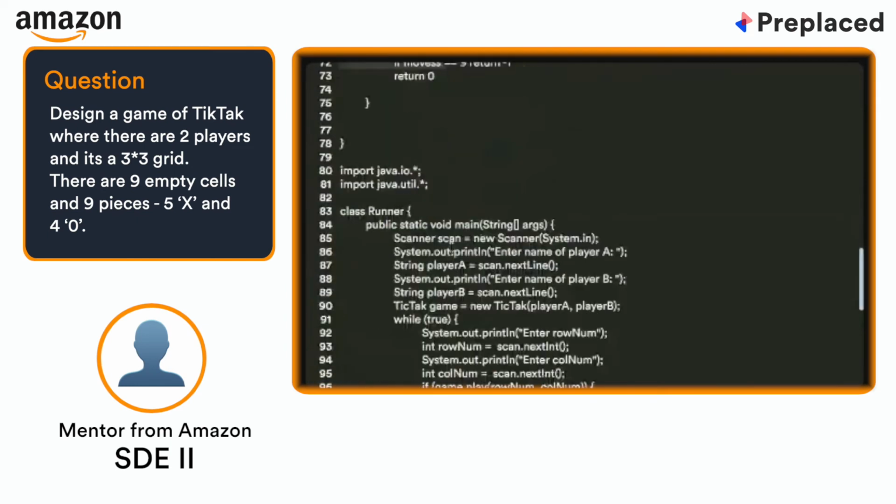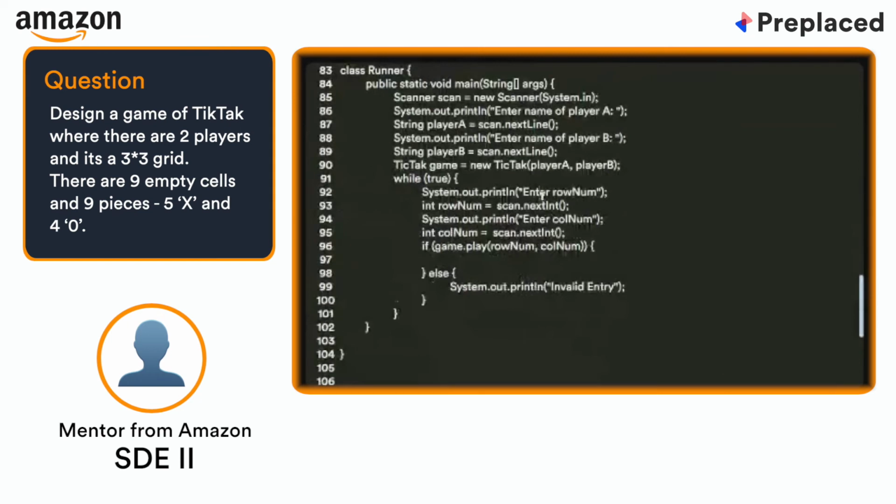Now here in my main class, I will be having this one. So initially I will be printing row number, column number. Then I will check if game.play. So if it's an invalid row and column, it will be returning false. Then I will be printing it's an invalid entry. But if it's a valid entry, I will just int check is equal to game dot check, and I will be just passing my current row number and my current column number.